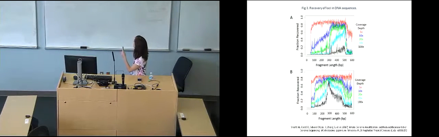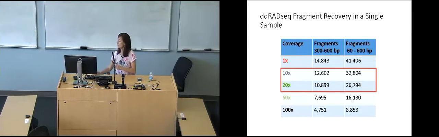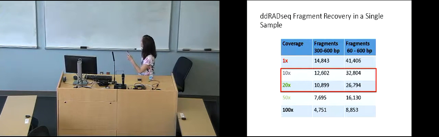This is from a single miracidium. And what you can see is we had fairly good recovery within our target size range at 10x in blue, 20x in green coverage. And just to show the same data in a different way, we get about 10,000 loci in our target size range for each miracidium.